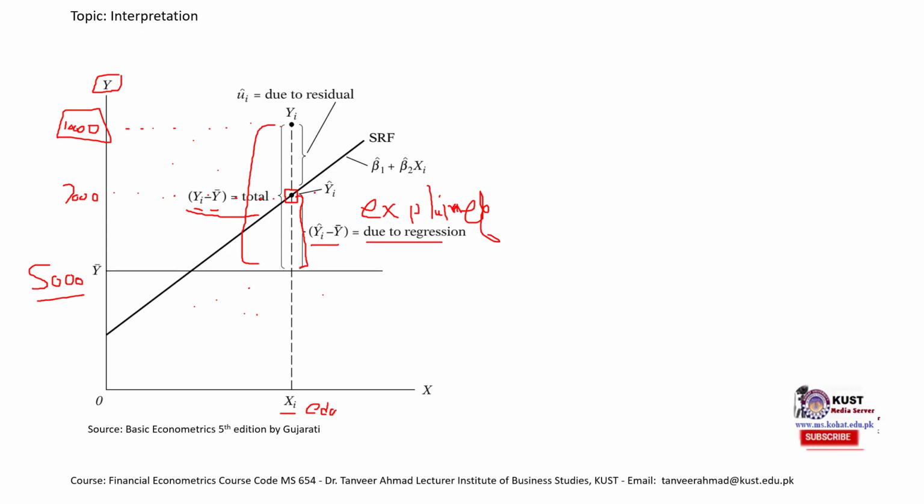So this part of the variation is explained by the variables that we have introduced in our model, but this part is still unexplained.